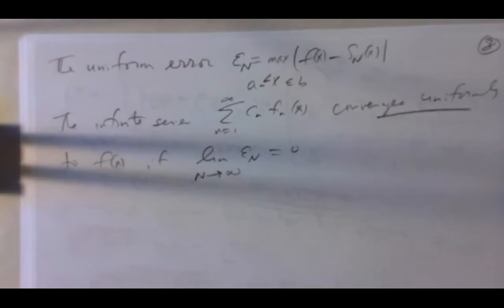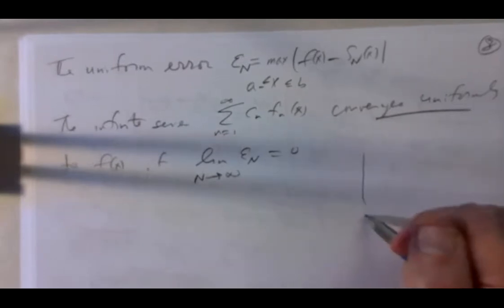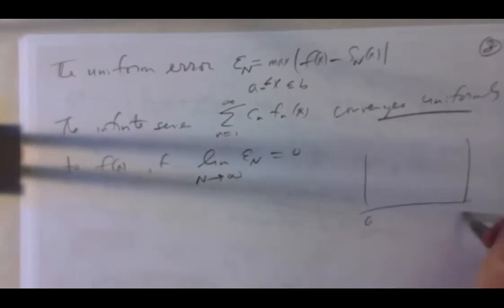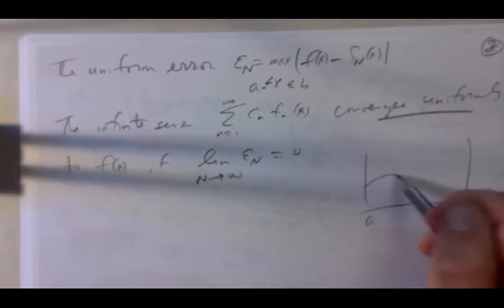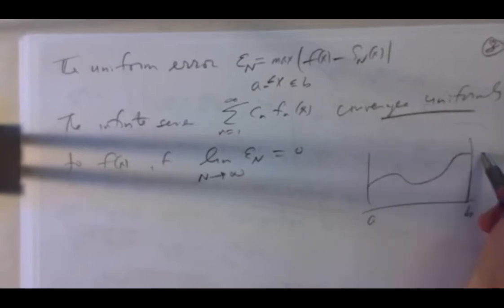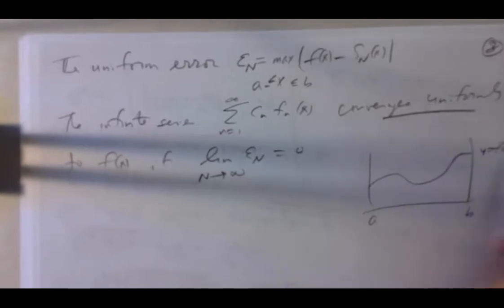There's a very pretty way to picture what uniform convergence looks like. Suppose we have the interval from A to B, and in that interval, let's say this is the graph of y equals f of x.